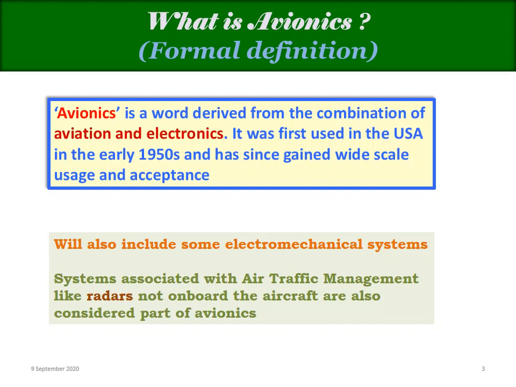Avionics is not only the electronics in the aircraft, but actually the electronic systems that support the whole aviation ecosystem. So we're talking about aircraft, radars, navigation systems that are on board the aircraft and on the ground, communication systems, and electromechanical systems, and so on and so forth. All of this is avionics.